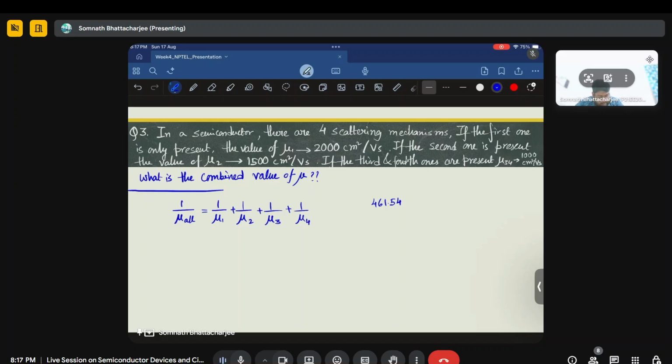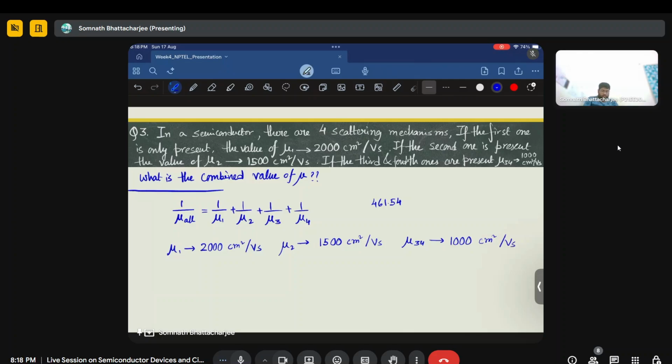So this is the correct answer. First we know that mu1 is 2000 centimeter square per volt second. We know mu2 is 1500 centimeter square per volt second, and we have mu34 as 1000 centimeter square per volt second.